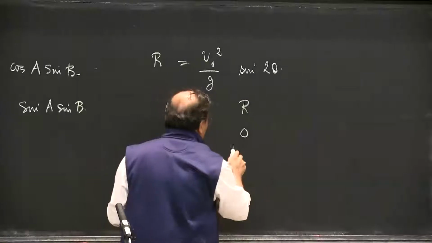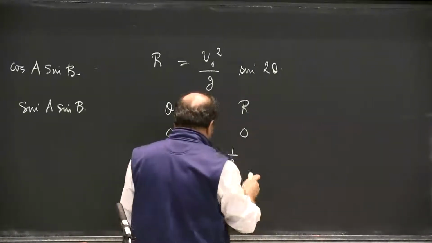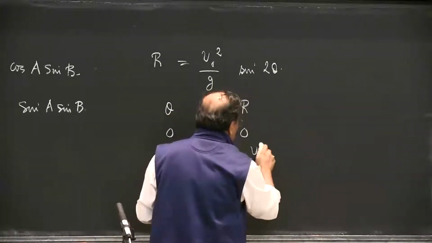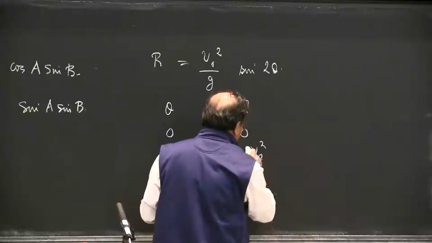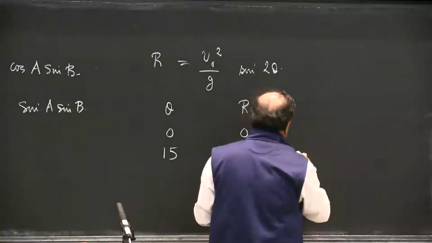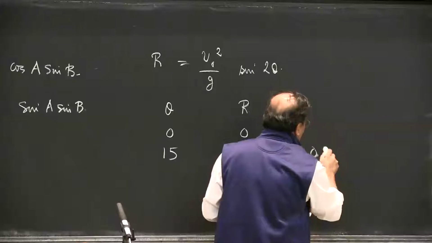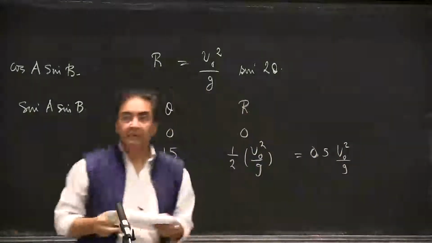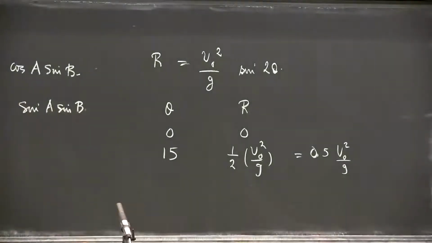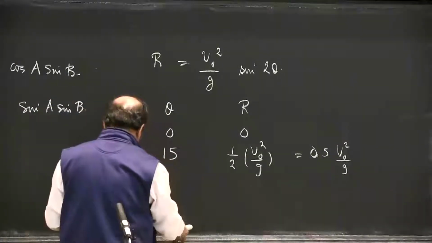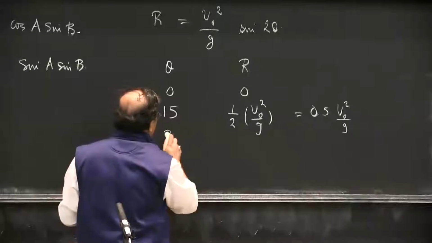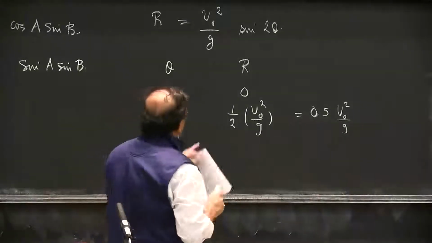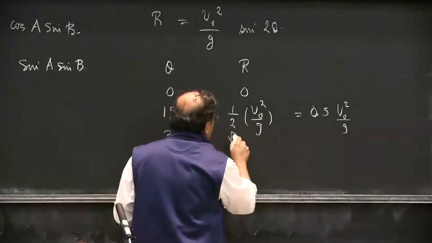Sine of 30 would be a half. So it will be half V0 squared over G, or in decimal, 0.5 V0 squared over G. Okay? So now suppose I go to 30 degrees here. Then 30 times 2 is 60. Sine 60 is root 3 over 2.